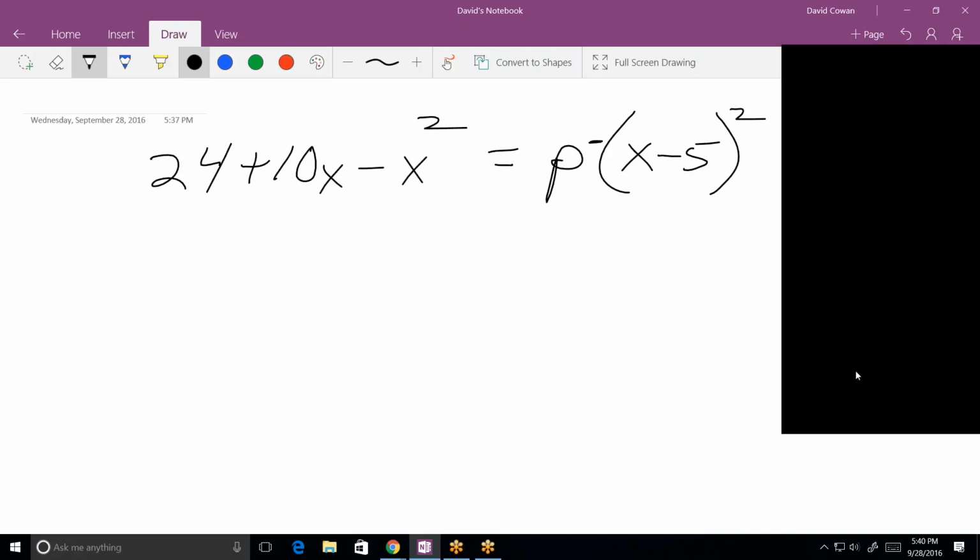The first thing is let's expand this x minus 5 squared. Let's keep our parentheses so we don't get confused. What is x minus 5 quantity squared? So, it'd just be x minus 5 times x minus 5, right?